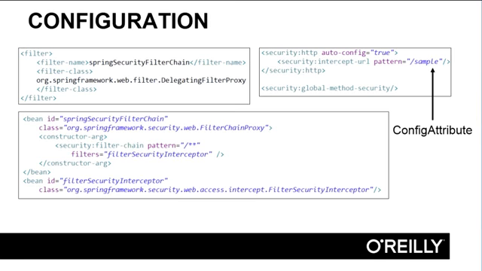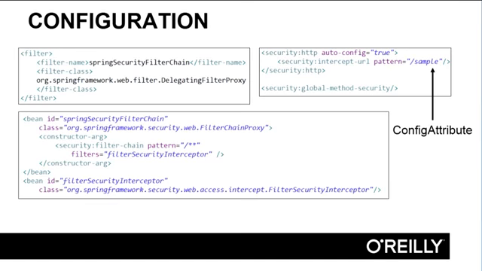Now, there's another tag within that security namespace, the global method security tag, and that would enable a method security interceptor. But looking closely at the HTTP tag, we don't really see an interceptor being set up there.